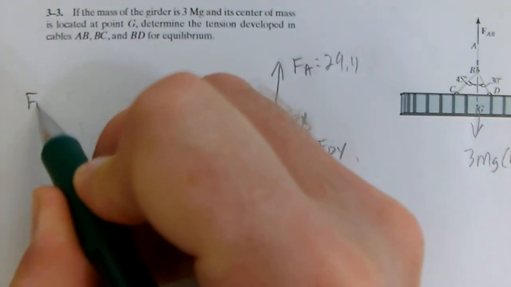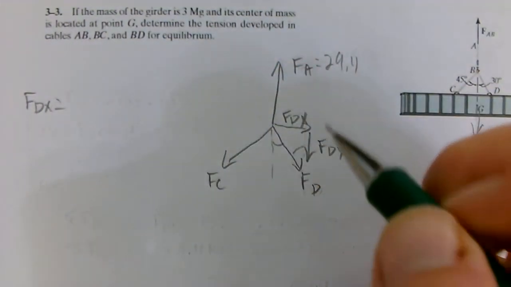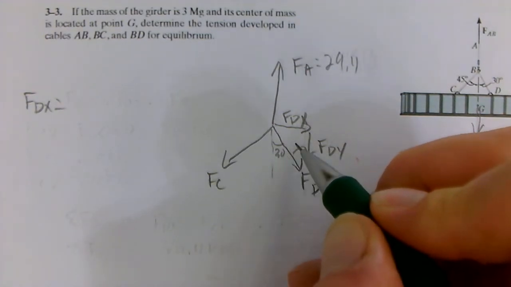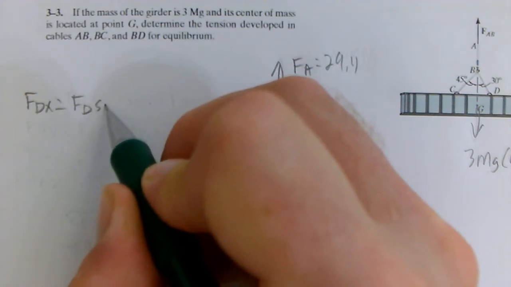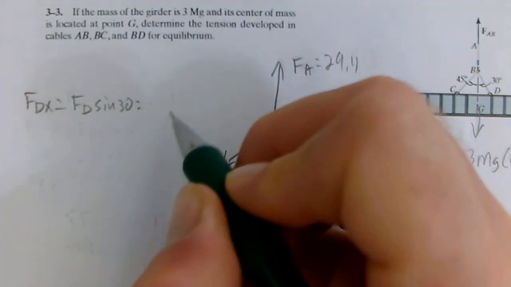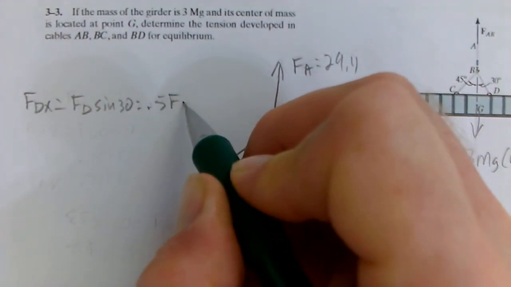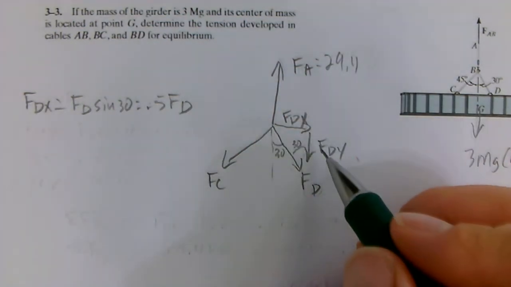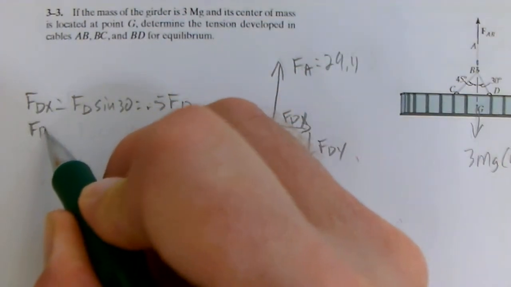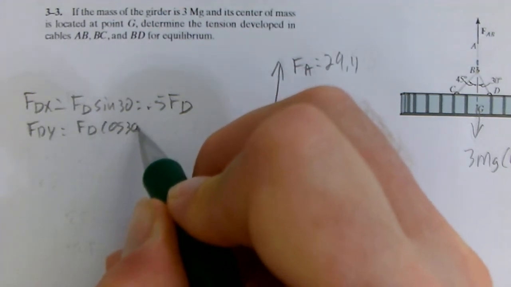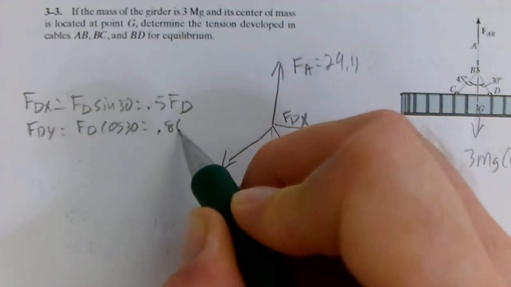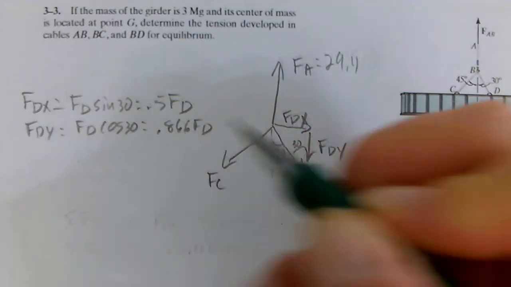So FD in the X is equal to FD sine 30, which is 0.5 FD. FD in the Y equals FD cosine 30, which is equal to 0.866 FD.